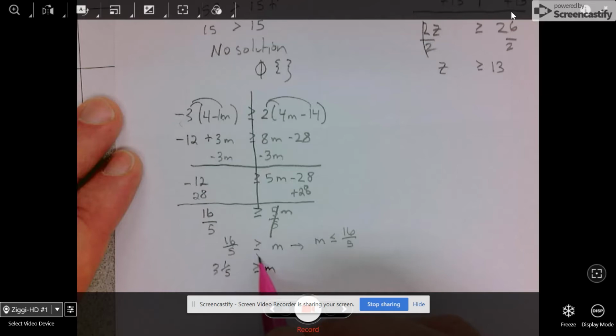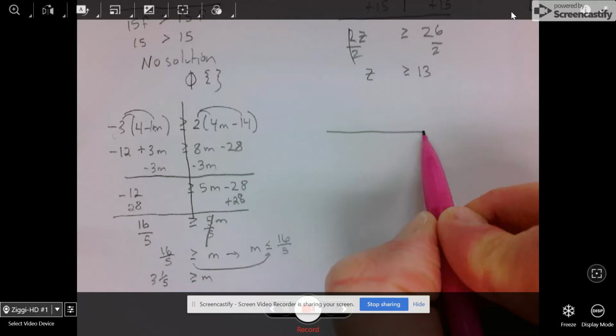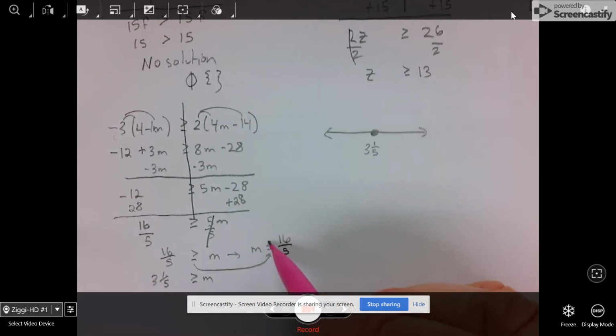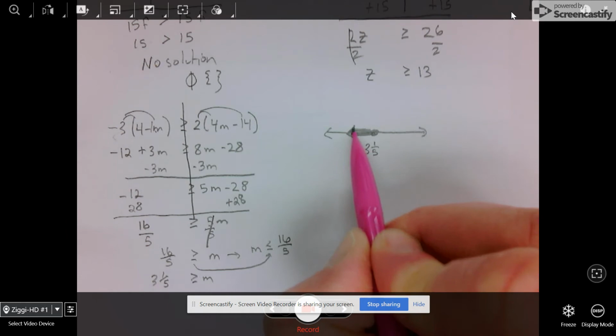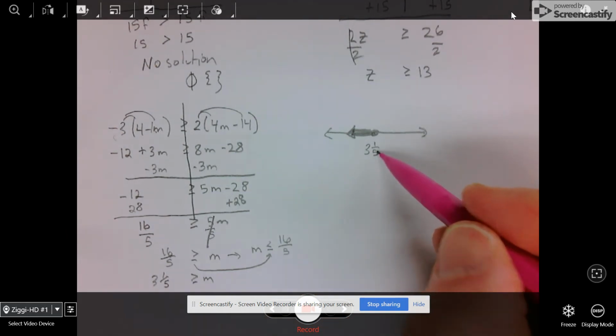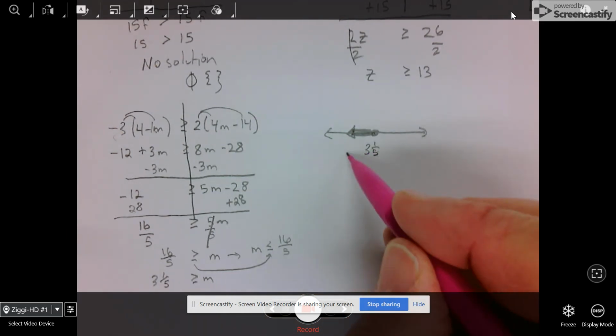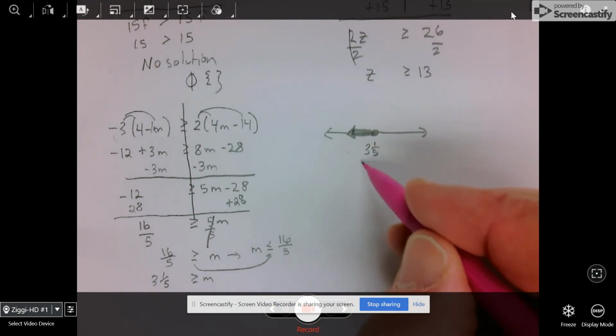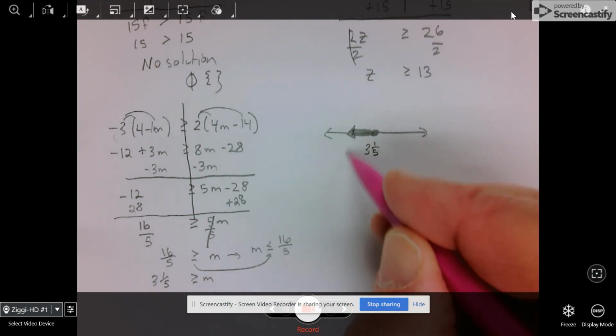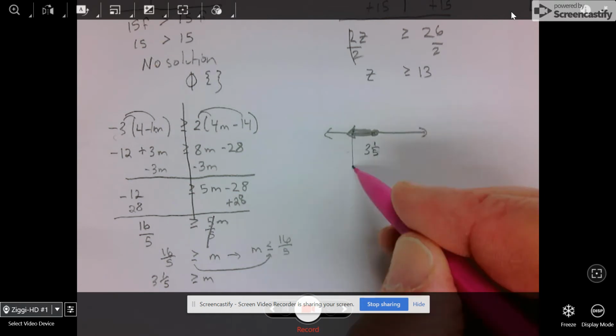The arrow is to the left. That means anything smaller than 3 1/5. So 3, 2, any negative number would be a solution. To make your interval notation, the arrow goes with the infinity. I put a negative on there to show direction. And 3 1/5 is included because there's a closed circle there.